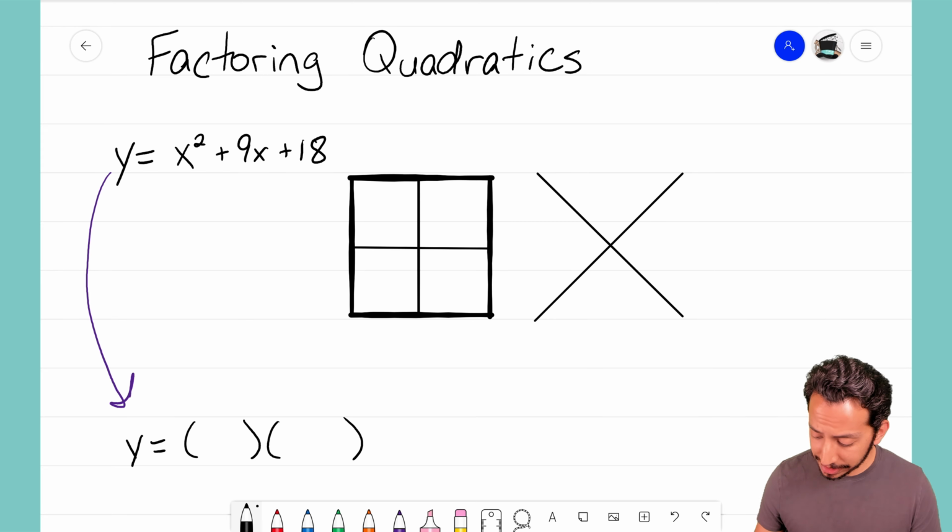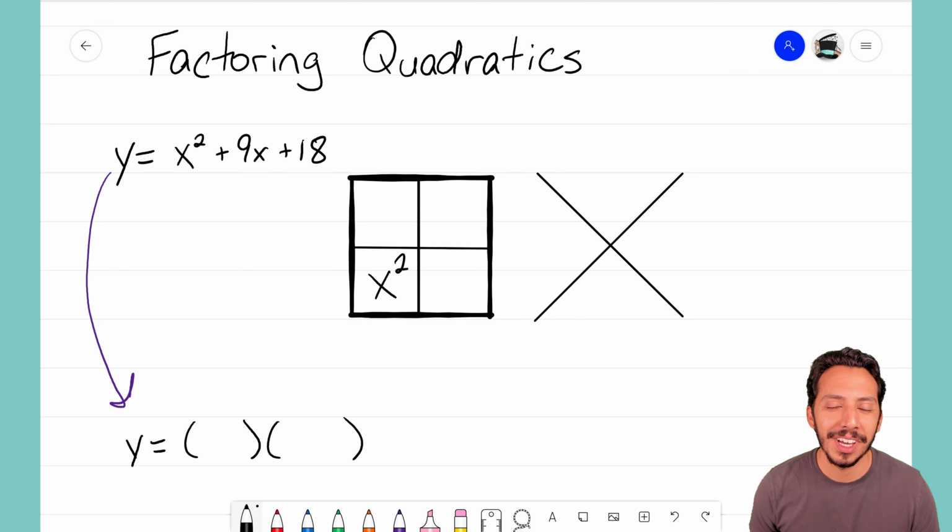Now here are the steps to factor a quadratic. First things first, we need to put the x squared term in the bottom left corner of the generic rectangle. I'm going to write my x squared term right there. If that had been 3x squared or 7x squared or negative 5x squared, we still would have written it right there. You need to make sure to include the coefficient as well. Now in the top right corner, that's where we put our constant.